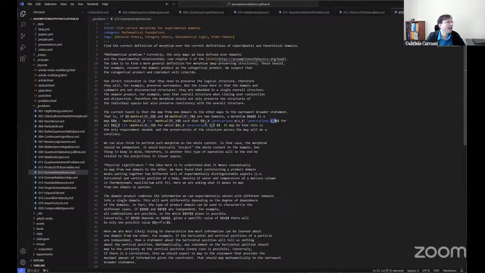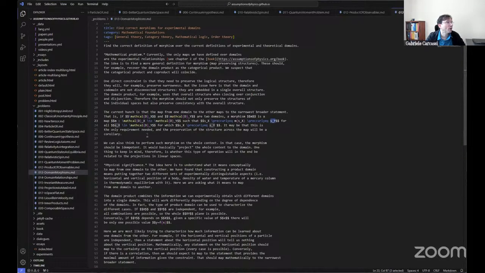So you get that Sx is narrower than the one that is mapped, and it's also narrower than Sy for all Sy for which Sx is narrower than Sy. So you basically move to something that is narrower than any other statement that is already broader than Sx. And so that could be the hunch that this is the correct morphism.